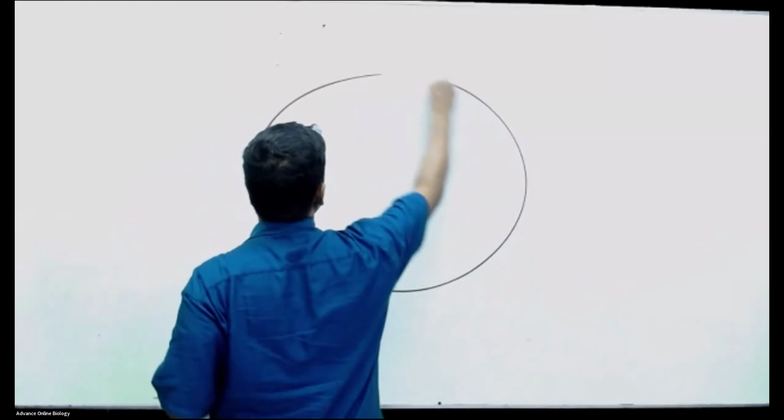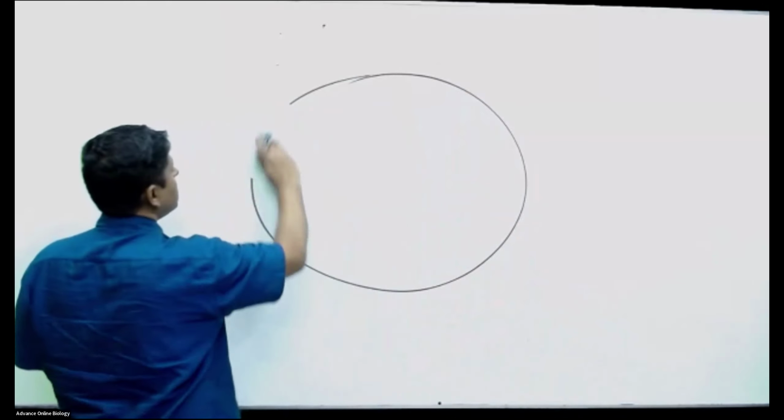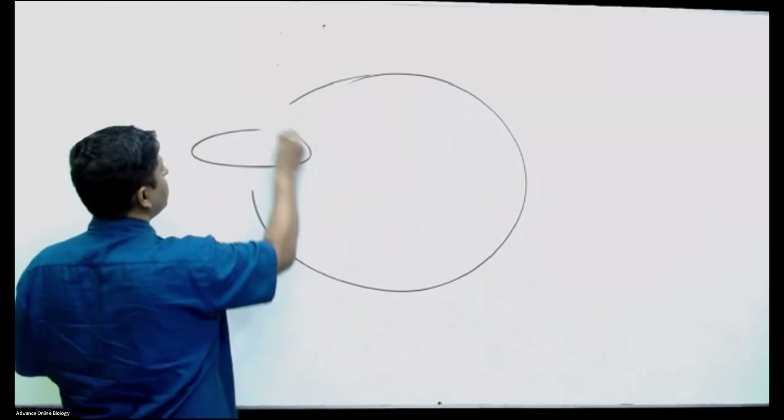Second one: the two multicellular body forms that alternate in the life cycle of land plants are the diploid gametophyte and haploid sporophyte, which are morphologically different, therefore called heteromorphic alternation of generation. Wrong, right? We know that in the plant life cycle there are two stages. One is the sporophyte.